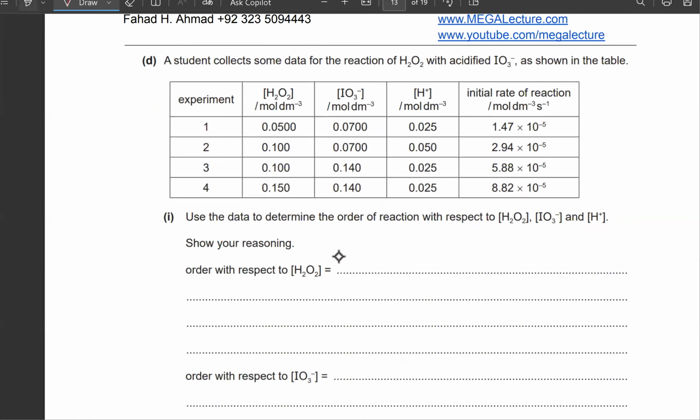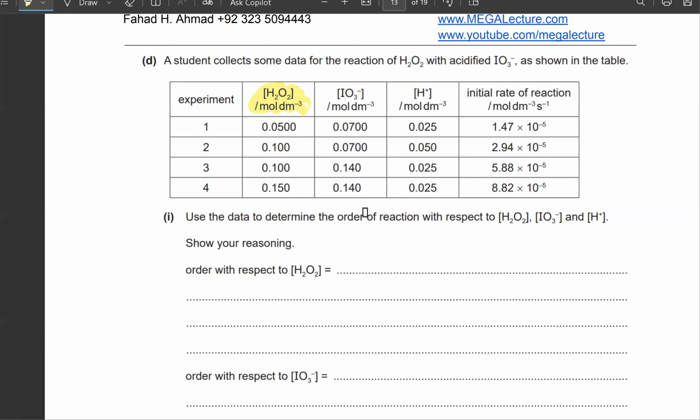So tell me, which experiments would you compare if you want to figure out the effect of H2O2? So 1, 2. You want H2O2 to change and you want the other reactant concentrations to stay exactly the same.